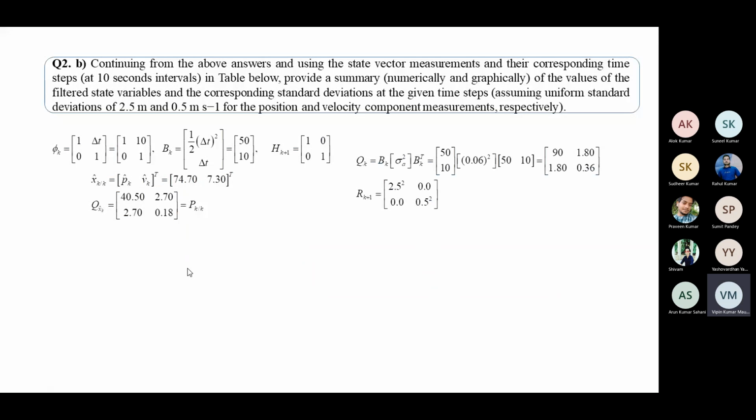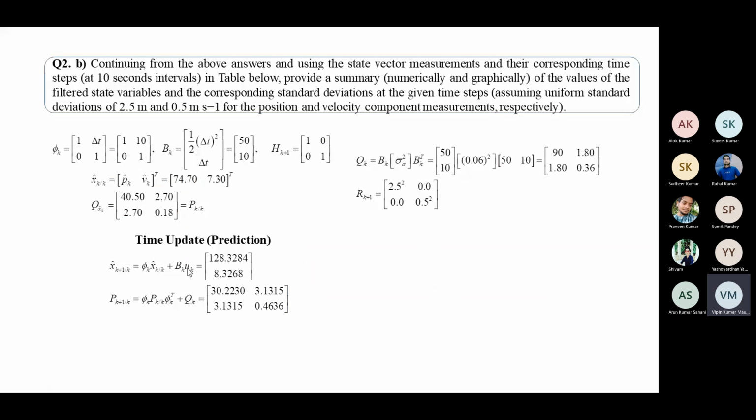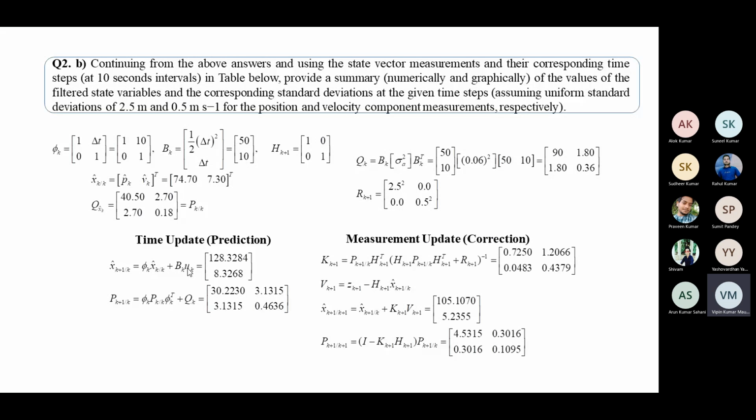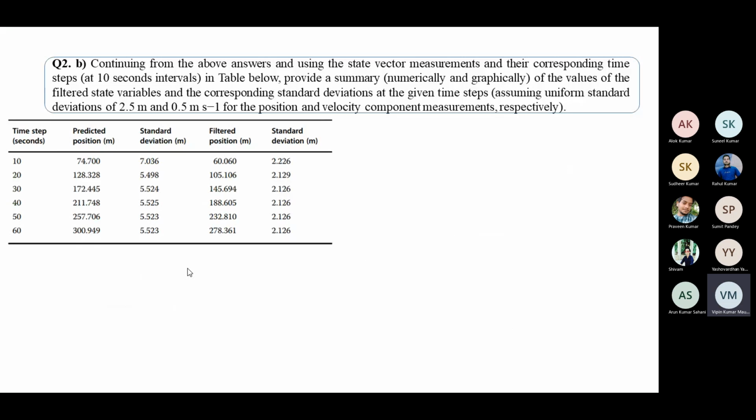These are the equations. We go for time update, means prediction. Then we'll go for the corrections on the basis of actual values which were given in the table. So we can see here. For the position, when you solve that question, what you will get for these time steps will be the predicted values and the predicted standard deviations.